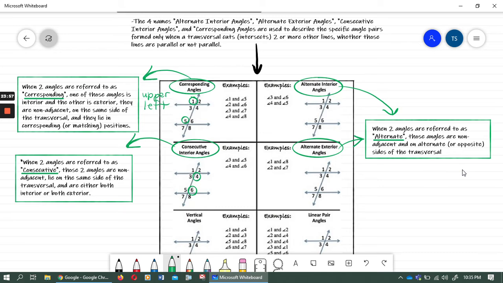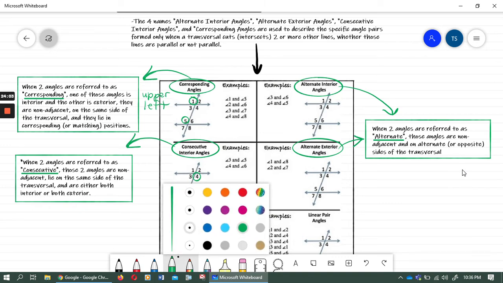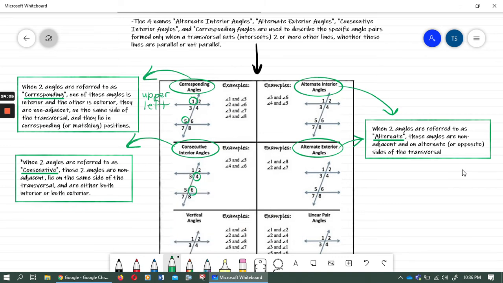So again, guys, when we're talking about alternate interior angles, if it says interior, that means that both of the angles will have to be interior, right? So if I chose angle 3, for instance, the only other alternate interior angle with that would be angle 6. Why would it have to be angle 6? I'm glad you asked, folks.